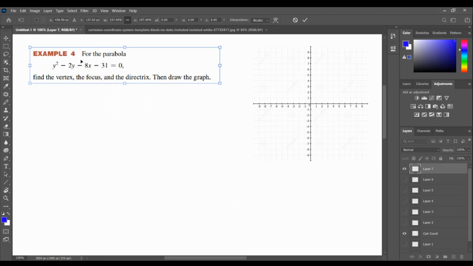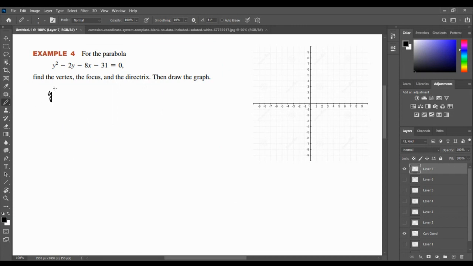Again, they didn't have to tell me it was a parabola. I've got 2 variables. One is squared, one is not. That alone tells me it's a parabola. But let's go ahead and isolate the squared term, and we'll move the x and constant to the other side.